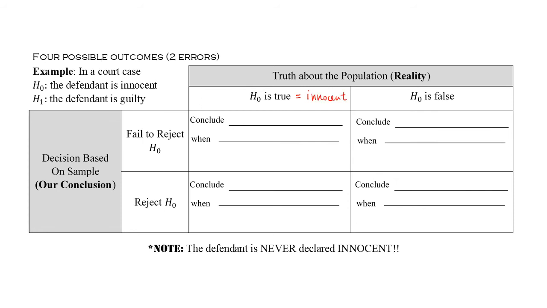But if we fail to reject H0, in other words, we're not rejecting that he's innocent, in other words, we're concluding that he's not guilty. That's kind of the important way to word it here. We're saying he's not necessarily guilty, when in fact he is innocent.